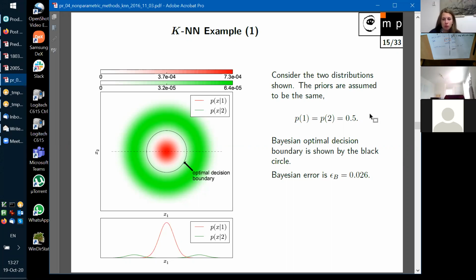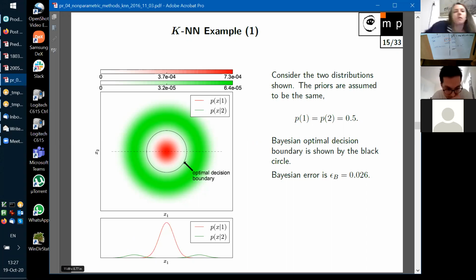Isn't it just the number of false classifications over the total number of samples? You can think about it as the limit if you do this, but it's the error of the best classifier. So in this case, if you look at the bottom picture on the slide, you see that the green and the red distributions overlap.